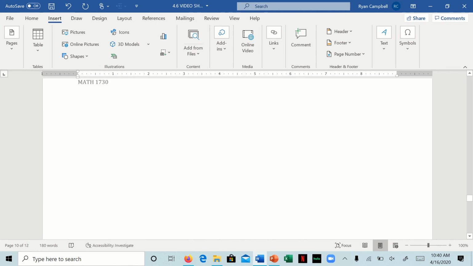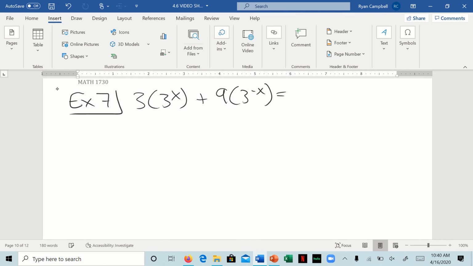All right, so example 7, same thing. So 3 times 3 to the x plus 9 times 3 to the negative x equals 28, excuse me.